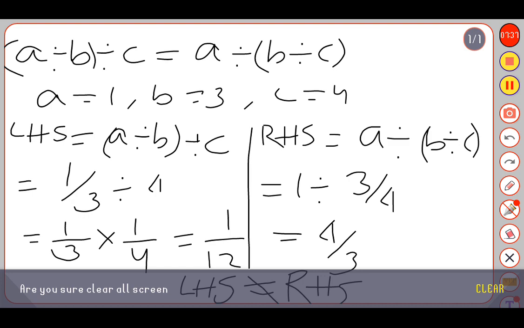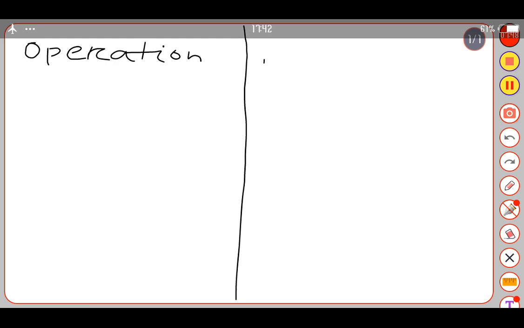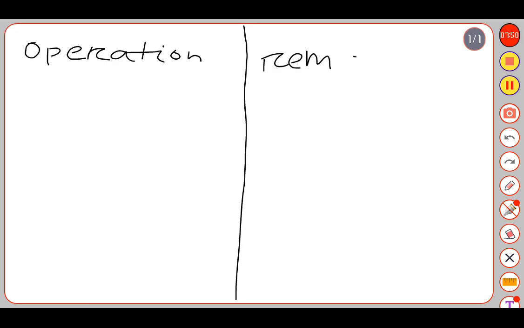Now we can make a table. Here operation, and here remarks.